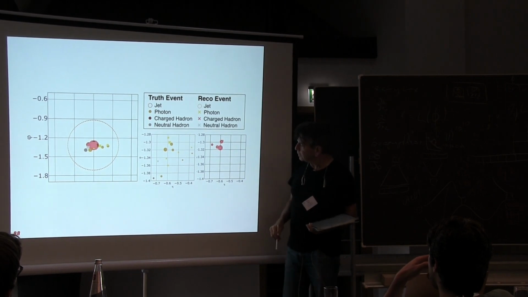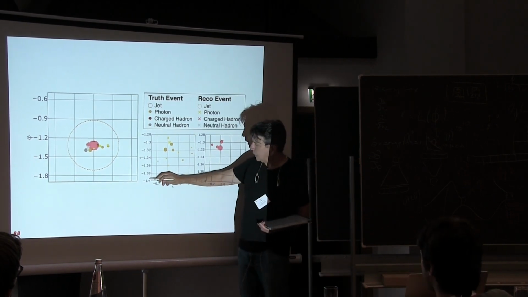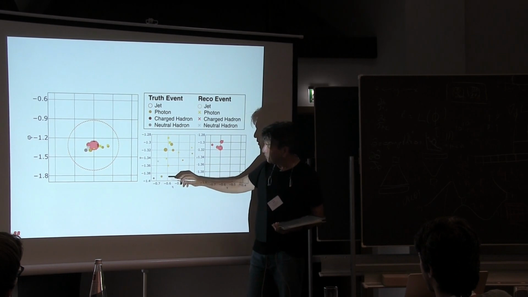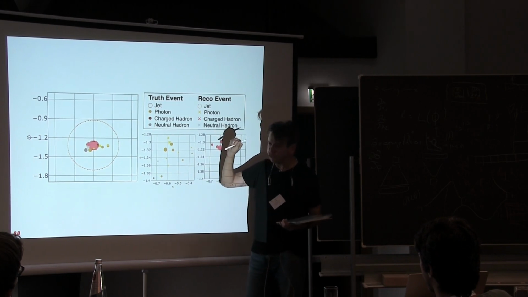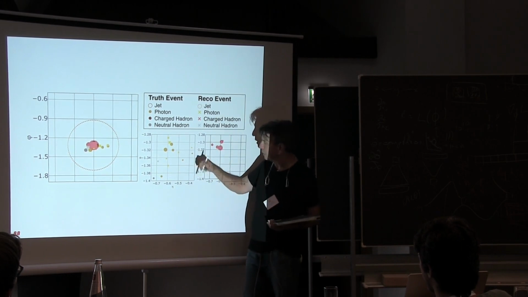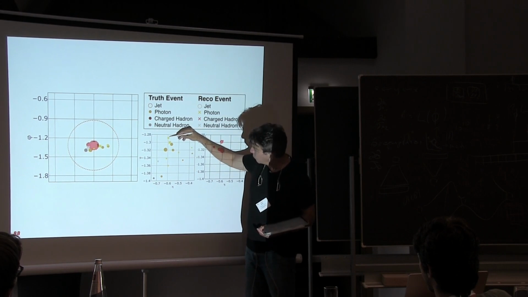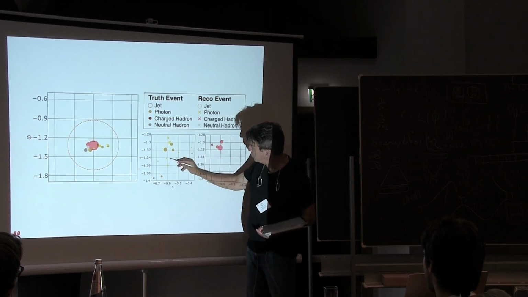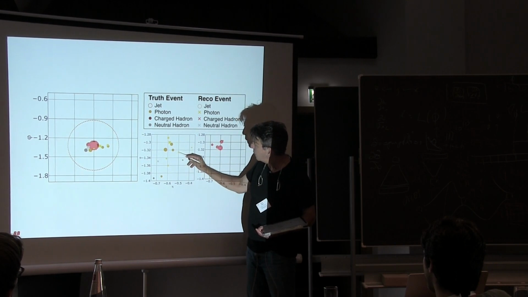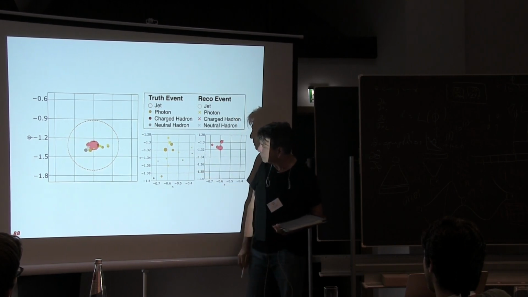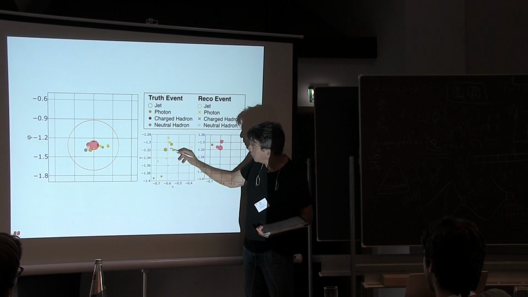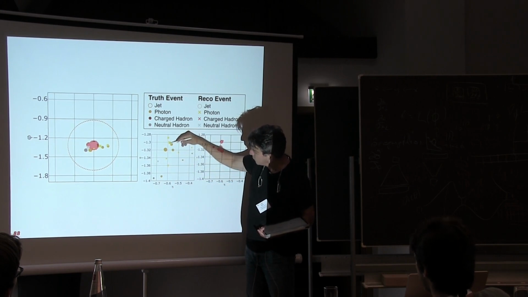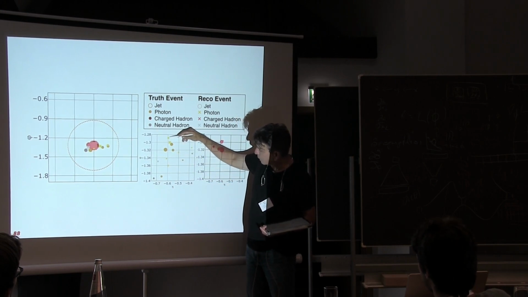For photons, it's doing a good job, but it doesn't manage to hit the target completely. For example, I have here 1, 2, 3, 4, 5, 6 photons, and the 6 photons are here. So it's still a little bit further away. Not much, by the way.